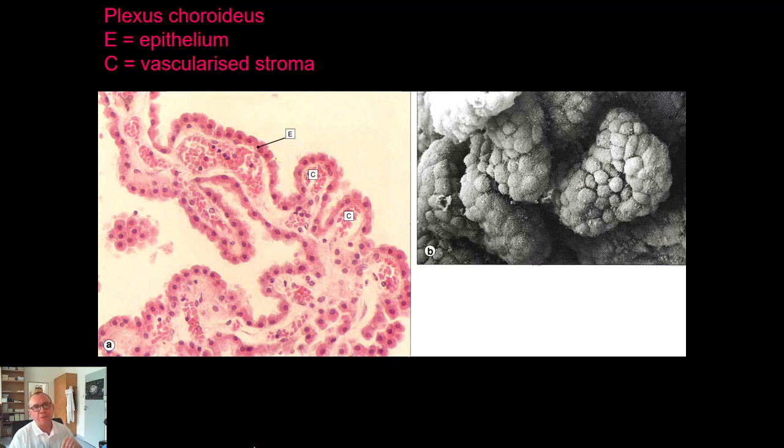The composition of choroid plexus is loose connective tissue of pia mater and superficial epithelium.